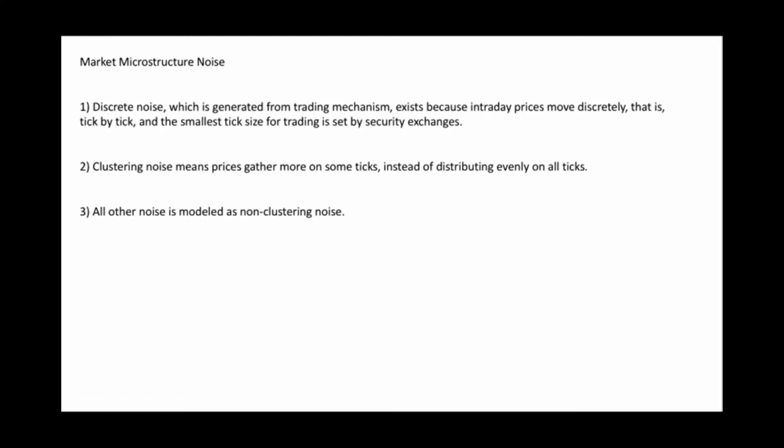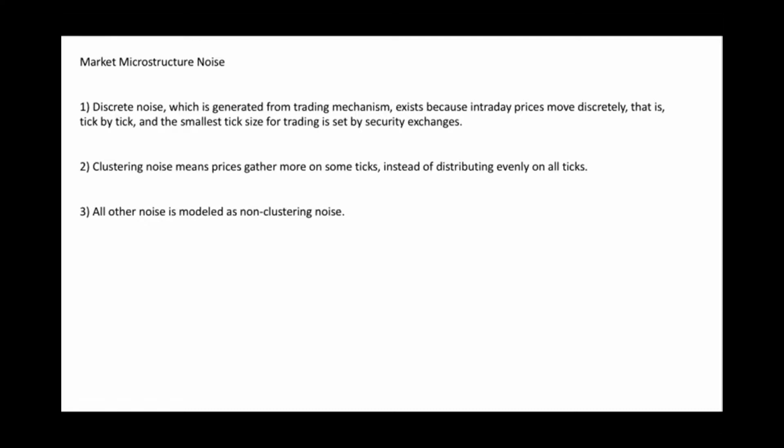Discrete noise means that the prices can only move in reality discretely. The smallest tick size for trading is set by the security exchange, your model might not come up with that. Your stochastic model for the intrinsic price won't land on the tick mark necessarily. So you have to add something to it, and that's the noise.